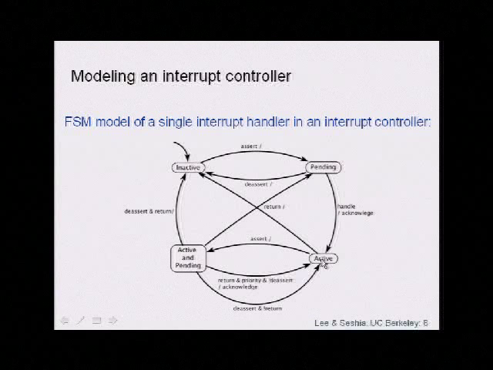Think of this as the controller, which is deciding whether the main function runs or the ISR runs. If the ISR completes, then it will generate the return signal, and this controller will go back to inactive.